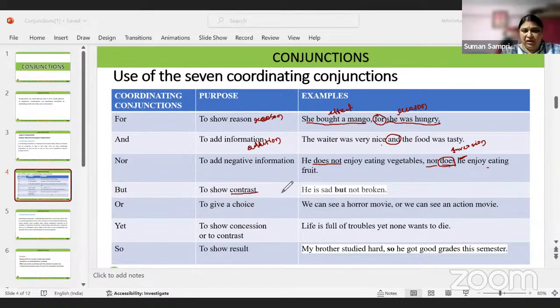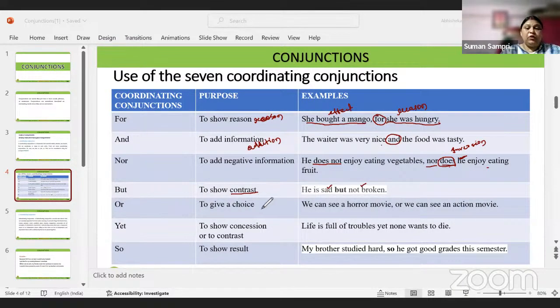He is sad but not broken. It is understood that when someone is sad, that person is also mentally broken, disappointed, right? But here it is said that he is sad but not broken. So two opposite ideas.